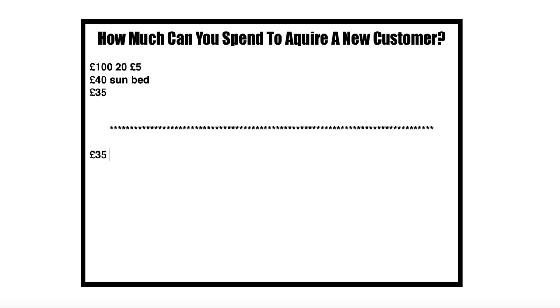Yet this person comes back once a month and has the sunbed once a month. So now that's times 12. Do you see what I'm saying here? 35 times 12 is 420. So it's £420 over the lifetime of a 12-month period.